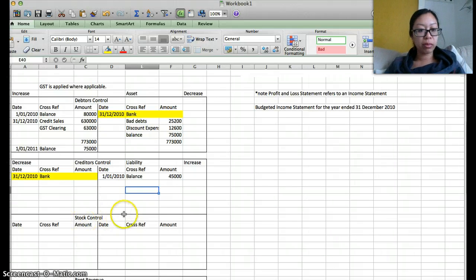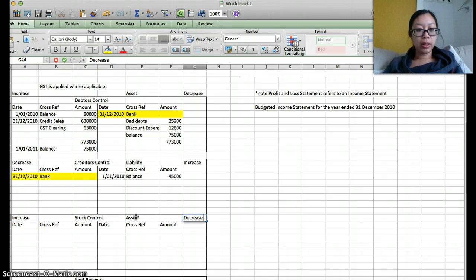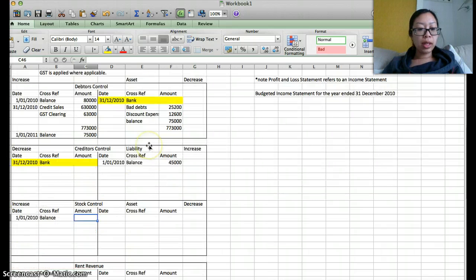So stock control is an asset, increases on the left and decreases on the right. Opening balance is 100,000.